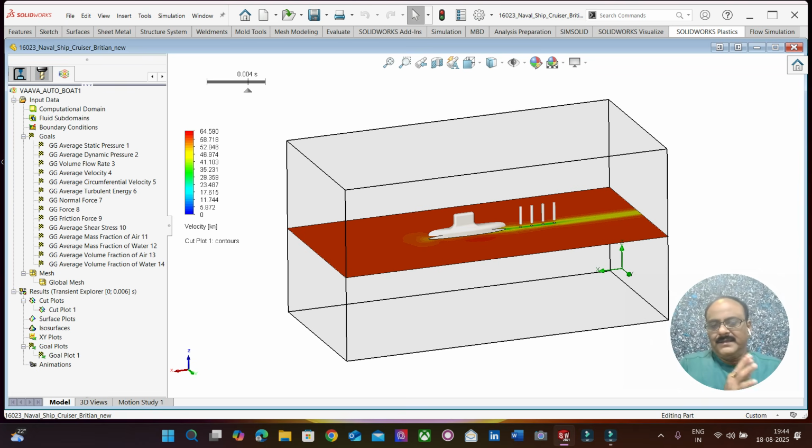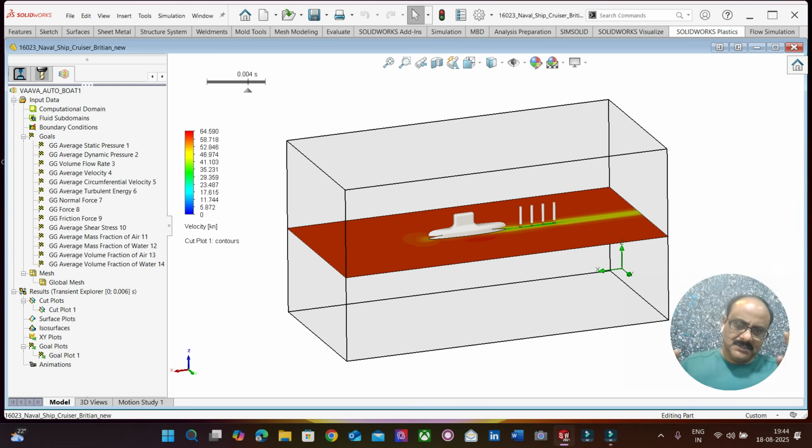So here I am performing a transient simulation, a time-dependent simulation, for 10 seconds, and each 1 second is going to be divided into 0.01 seconds.